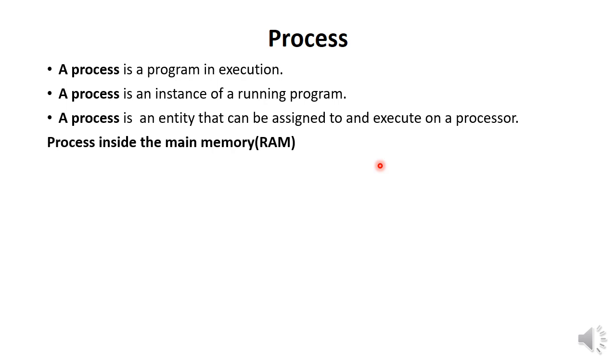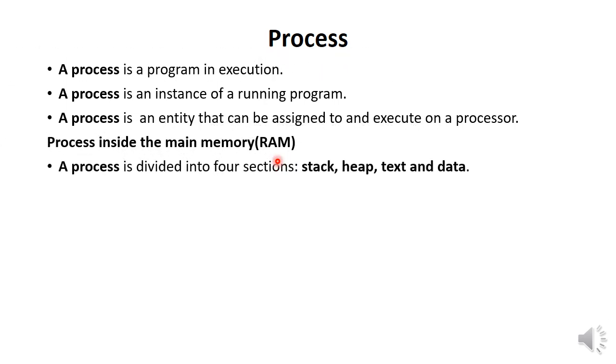So once a process is inside the RAM, or random access memory, it is divided into sections. Let us see the sections for each process loaded into the random access memory. A process is divided into 4 sections, namely stack, heap, text, and data.